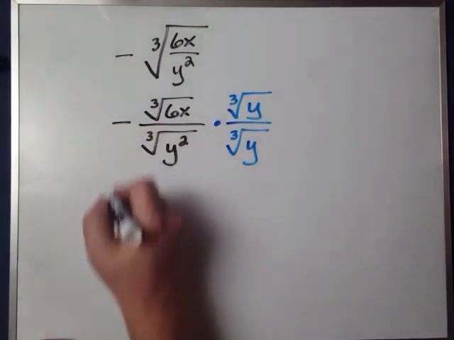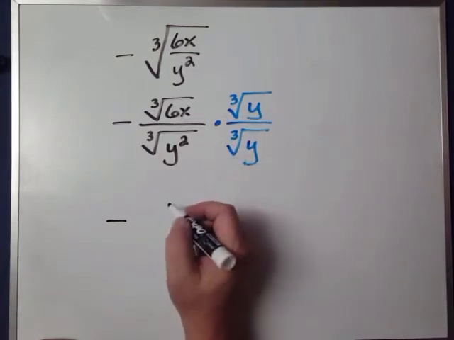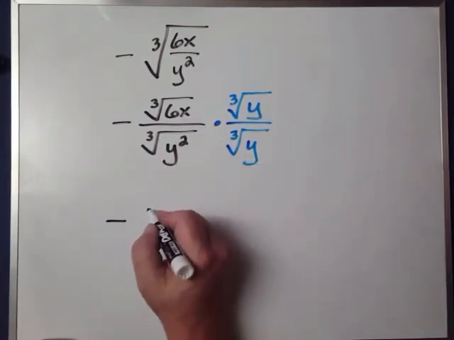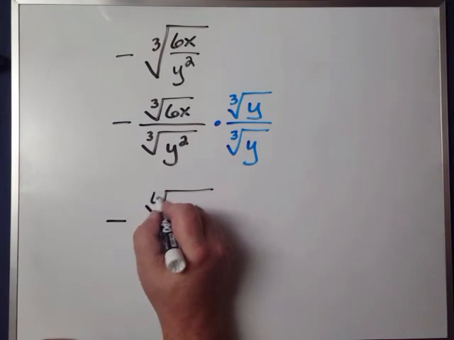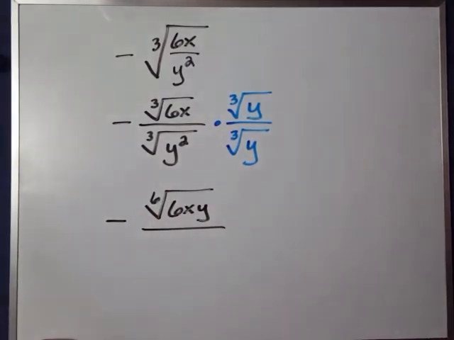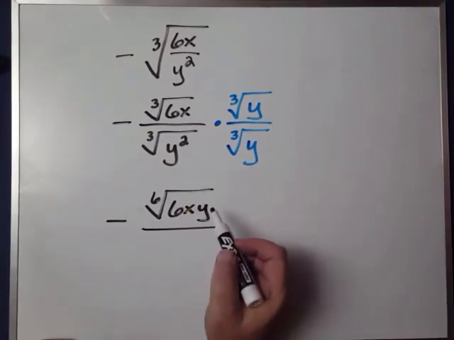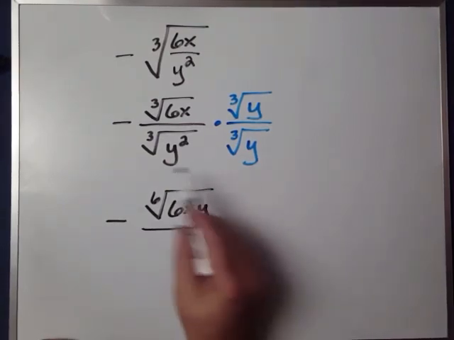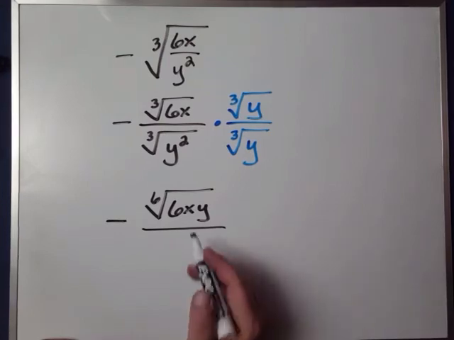Multiplying the tops, let's not forget our floating negative. Multiplying the tops, that's going to be the cube root of 6xy. And in the bottom, some of you are ready to write the final answer right now. I'm going to show this step, and then I'll write my final answer.